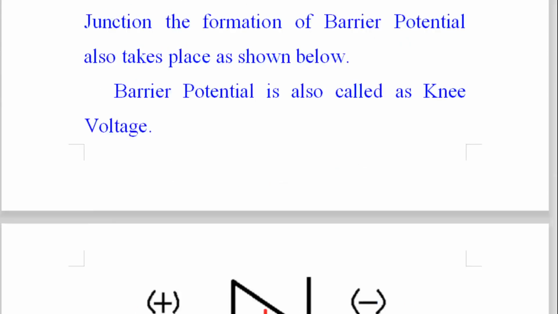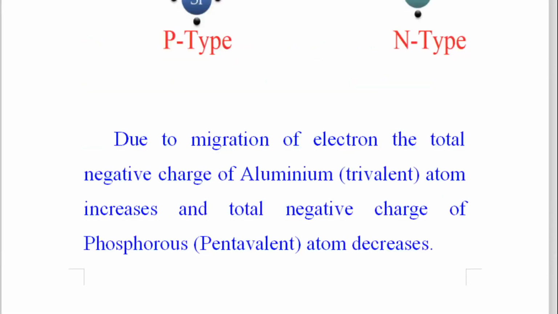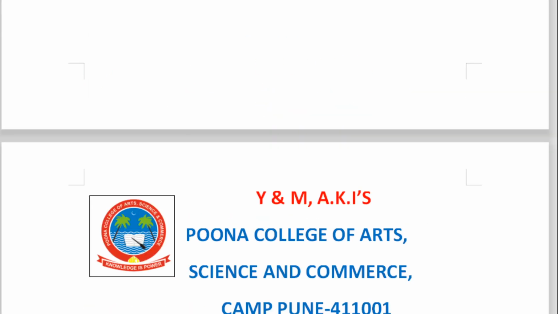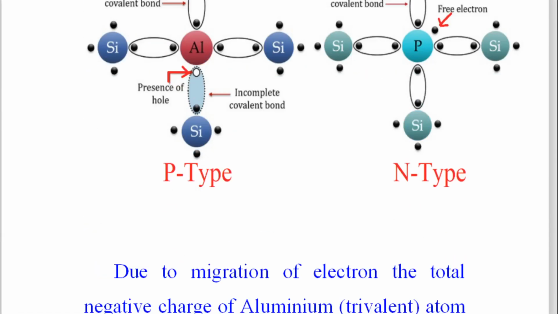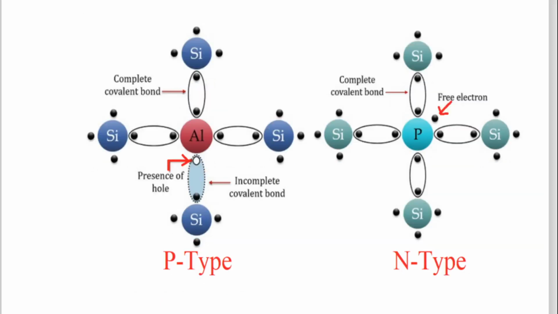Here I have taken a single atom of p-type material and n-type material, one atom of phosphorus and one atom of aluminium. So it becomes easy to understand how this free electron will jump into the hole on the left-hand side.